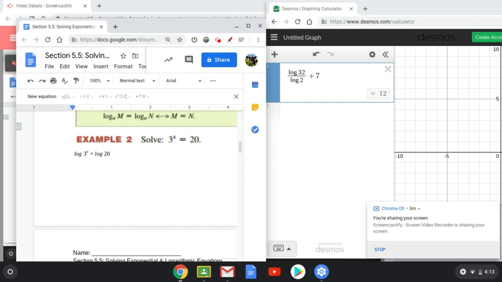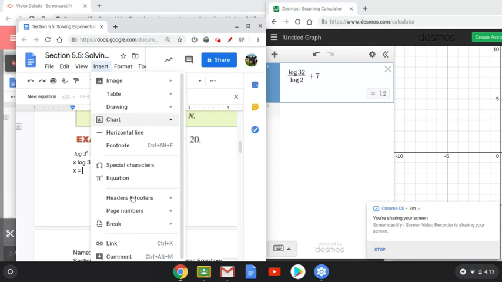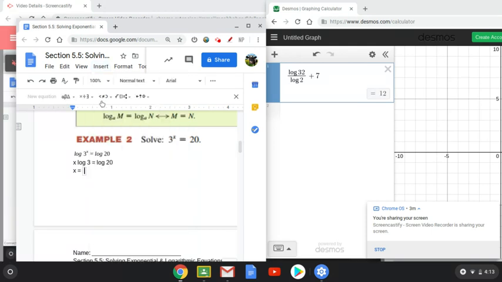So I swing that exponent up front so that I have x times log 3 equals log 20. Well, all I have to do now to get x by itself is to divide log 3 to the other side. So I just have x equals, and then I have a fraction here, log of 20 over log of 3.